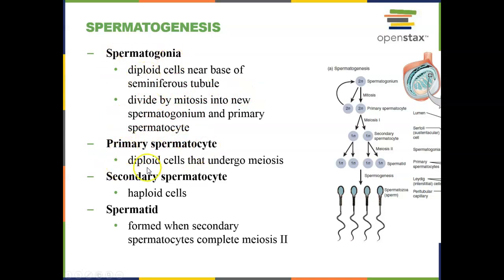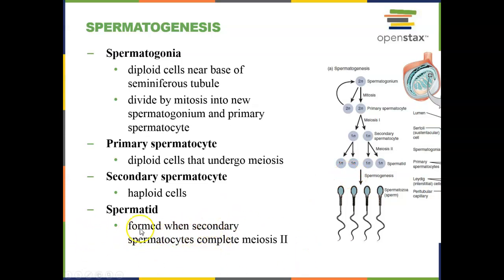The primary spermatocyte is diploid and it undergoes meiosis. It produces a secondary spermatocyte that is haploid, but it is still duplicated. And then we have a spermatid at the end of meiosis 2, after it has gone through the secondary meiotic division.